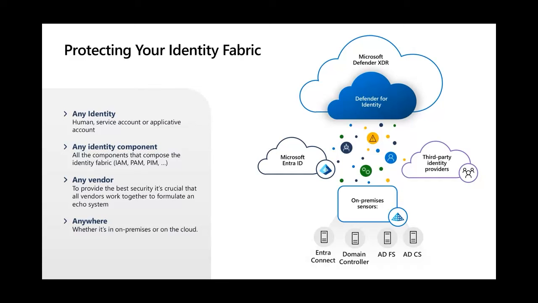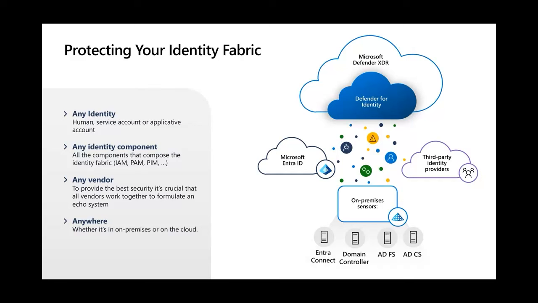Recently released, I say recently released, but probably 6 to 8 months ago now, we released our ADCS sensor. And again, this is something that we worked really hard on, we're really proud of, because it gives us some great visibility into certificate services based attacks. So some examples of that are the ESC1, ESC8 vulnerabilities, probably the two most common ones that we see, if you're familiar with those.